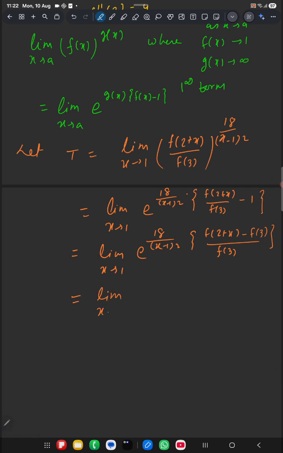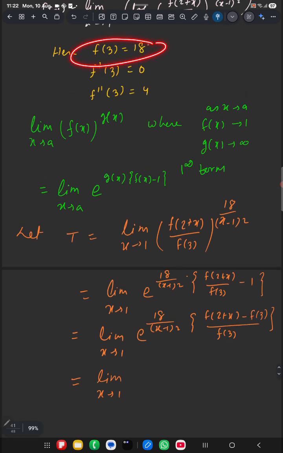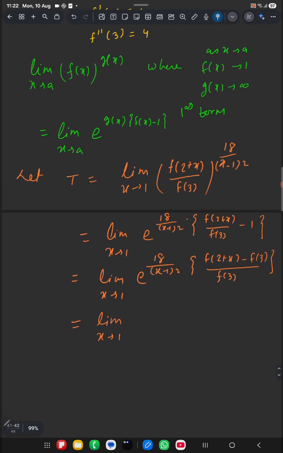Limit x tends to 1, e raised to the power, now you can see that this is taking the format of, when you are putting x as 1, you are getting 18 upon (x minus 1) square. Now f(3) is given as 18, so we will apply that value also.